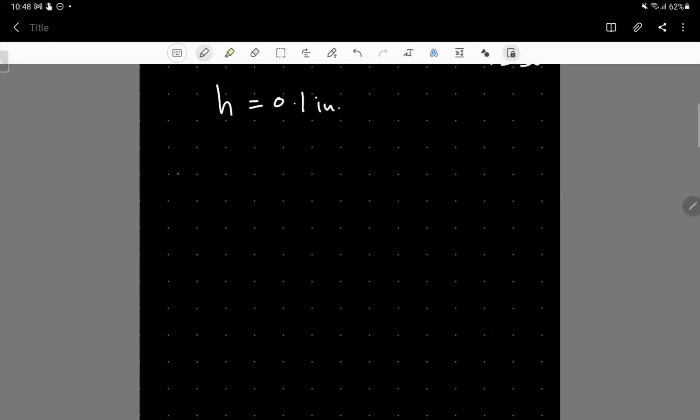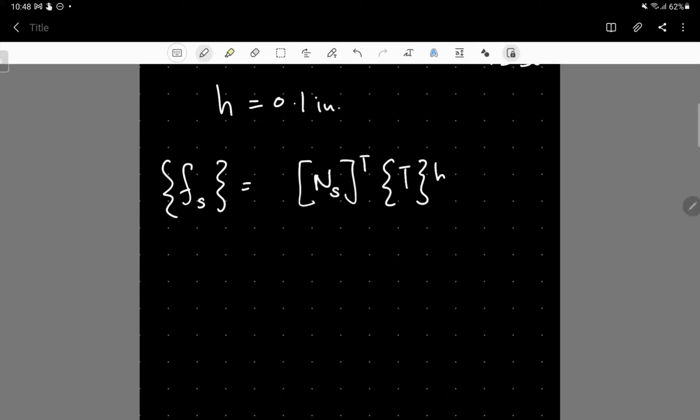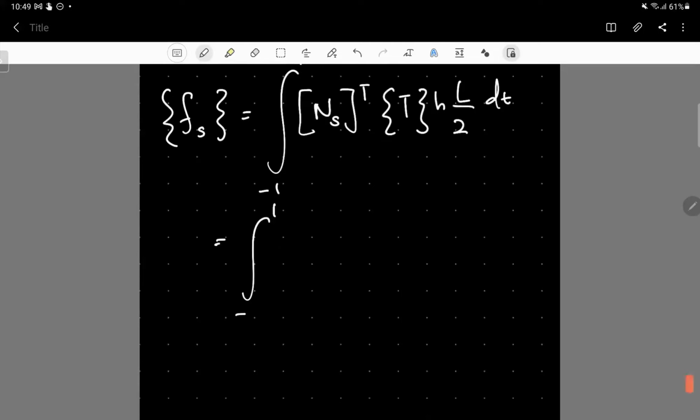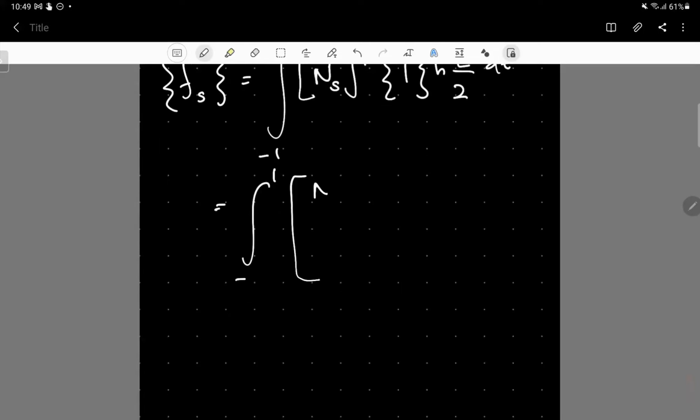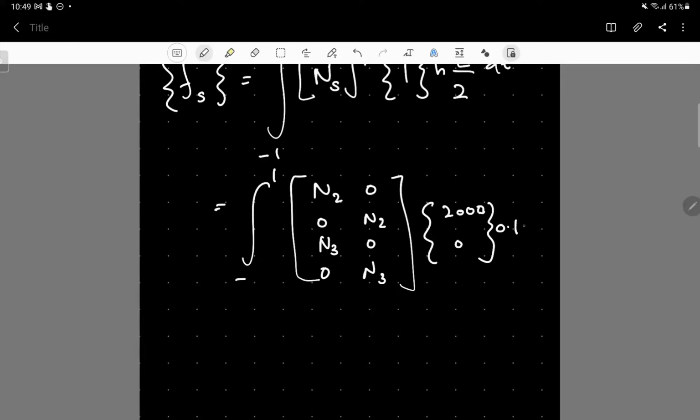What you would get is the surface traction force equal to the transpose of the shape function matrix multiplied by the traction force matrix, the thickness, and the length divided by 2, and perform the integration from -1 to 1. In the next step, let's substitute all the values, taking the transformation now: the transposed shape function matrix times the surface forces, the thickness, the length by 2, times dt.